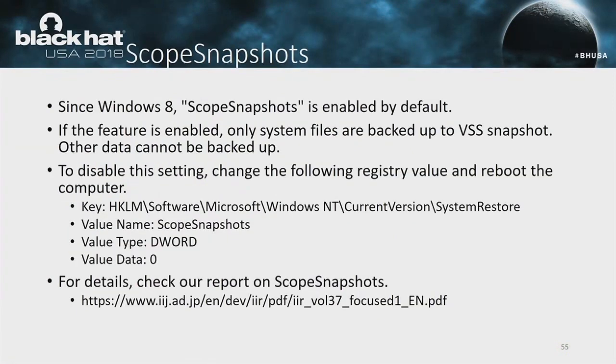And now I want to talk about scope snapshots because it is one of the very important parameters of VSS. Since Windows 8, scope snapshots is enabled by default. If the feature is enabled, only system files are backed up to the VSS snapshot. Other data cannot be backed up.